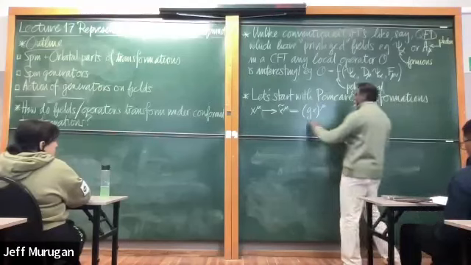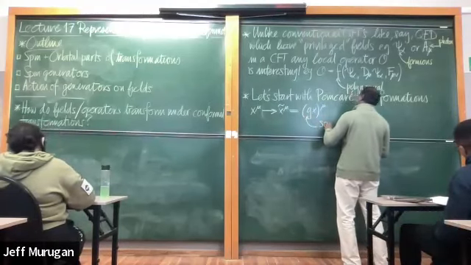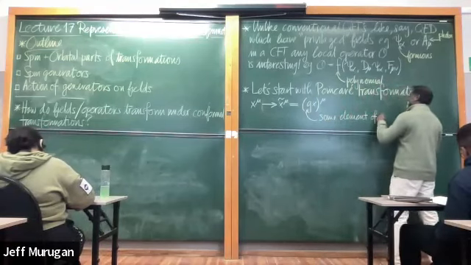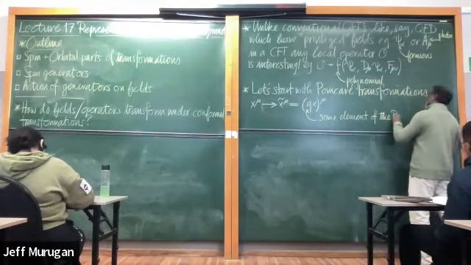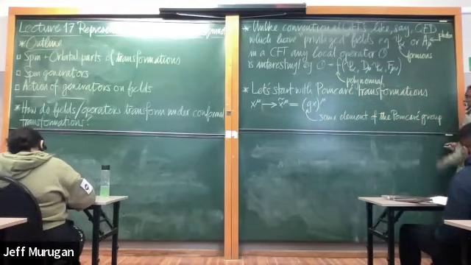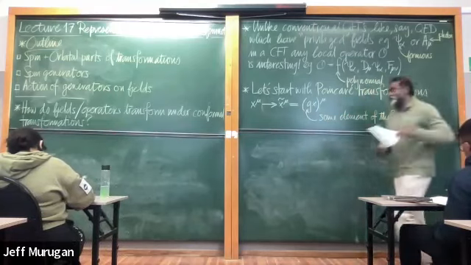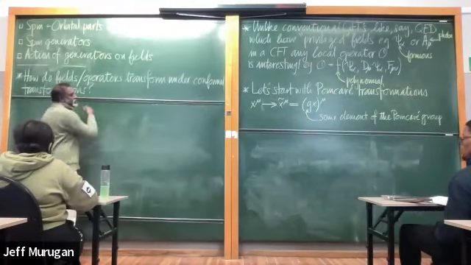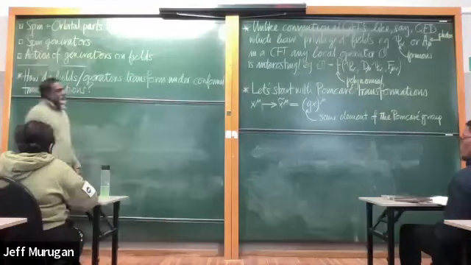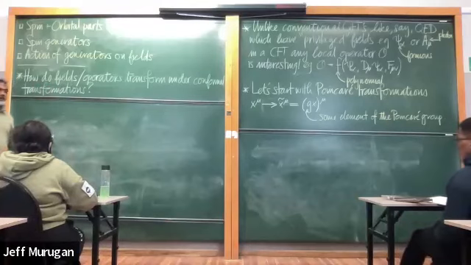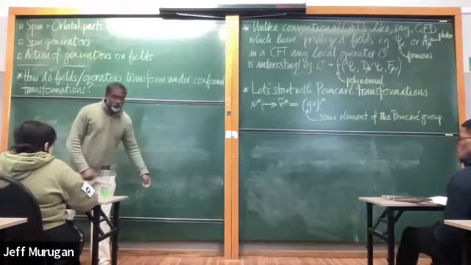Right, so this is some specific element. Under this transformation, some generic field, and I'm going to write this as phi sub A, because it could be a scalar label, it could be a fermion label, it could be a vector label, it could be some combination of the two. I don't really care at this point. This is just some generic field. But this is how this generic field will transform.